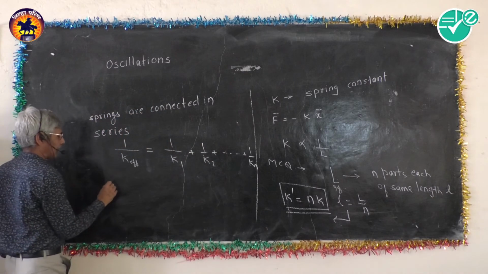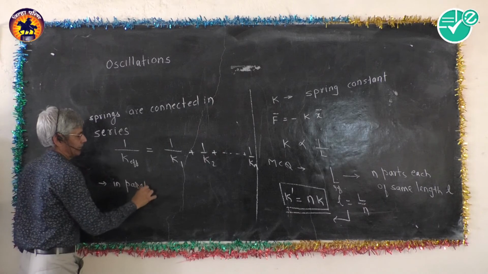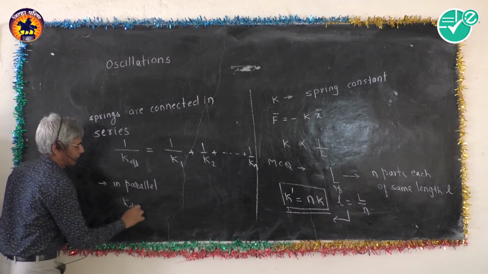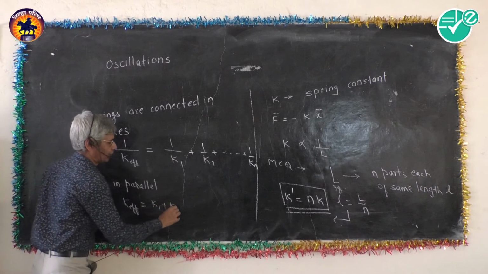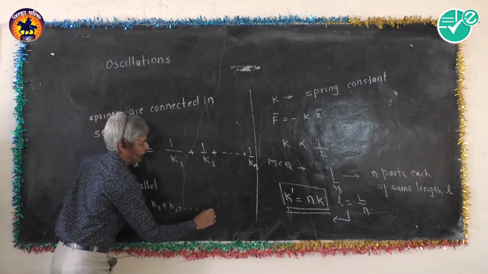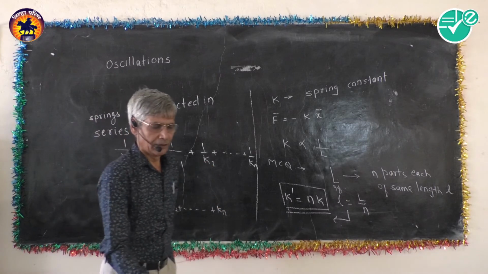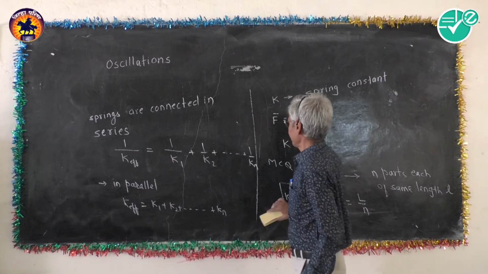And if the springs are connected in parallel, then K effective will be equal to K1 plus K2 plus dash dash dash plus Kn. These are the MCQ parts.